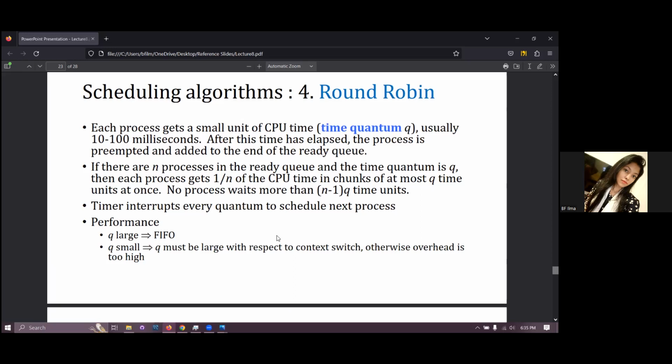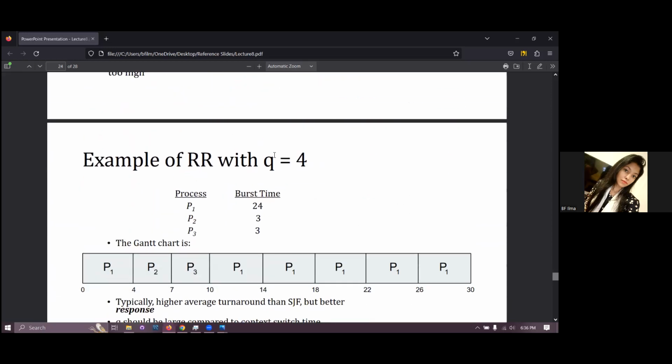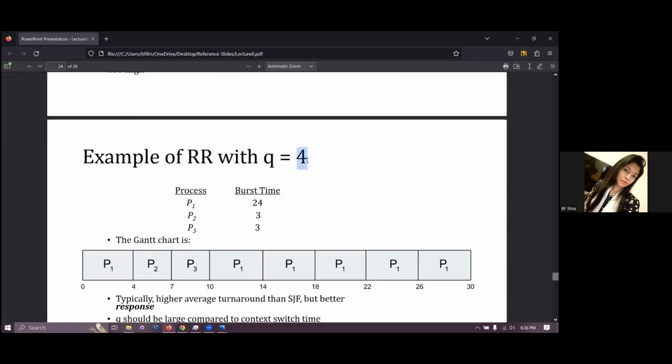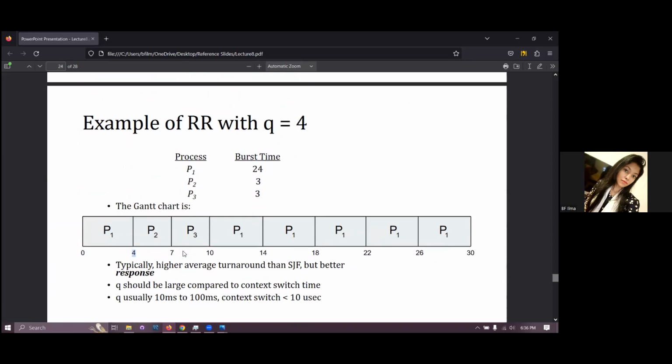So it's quite simple. And round robin is actually very similar to first in, first out, but here there's a time quantum. So there's a constant time that we are allowing a process to occupy the CPU. That value is called Q. Let's look at an example. Q is equal to 4, which means P1 has arrived first, so we are taking P1, but we are only keeping P1 for 4 milliseconds.